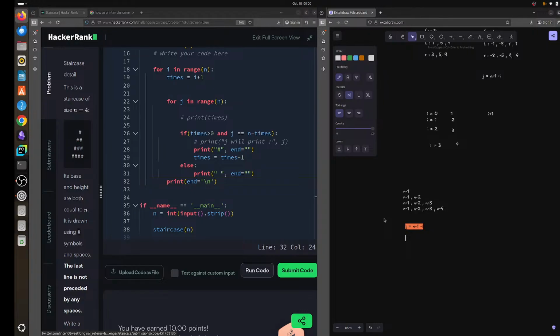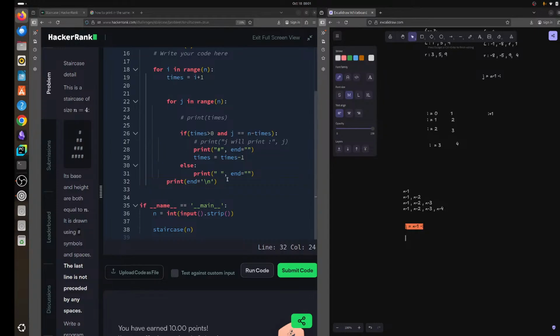But we need to print in specific places also, whenever the condition is valid. When the next index comes, for example j equals 2, it should print on the second index, and when the third index comes, it should print on the third index. But if i is constant and n minus 1 is a constant value, it will print only one time.